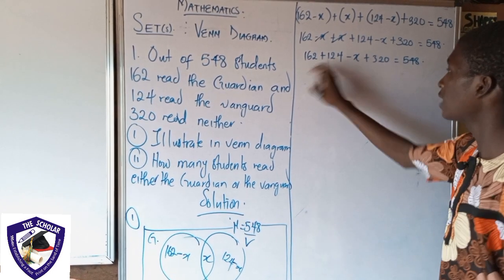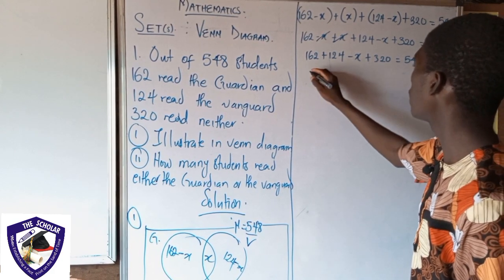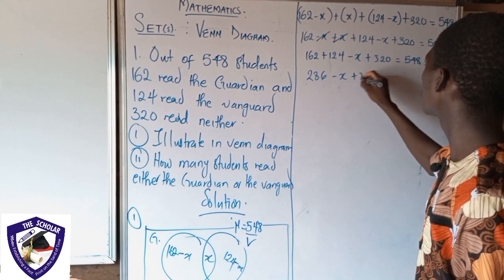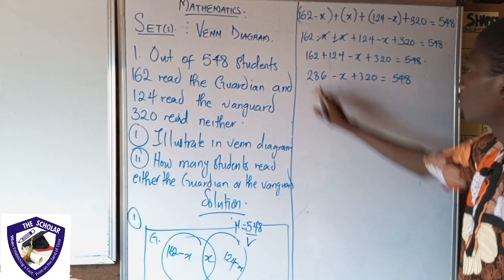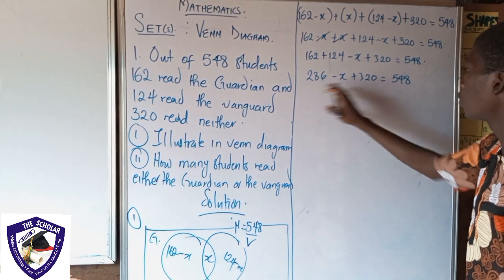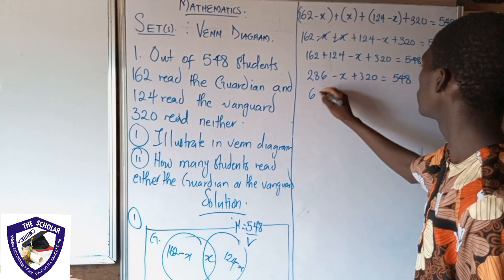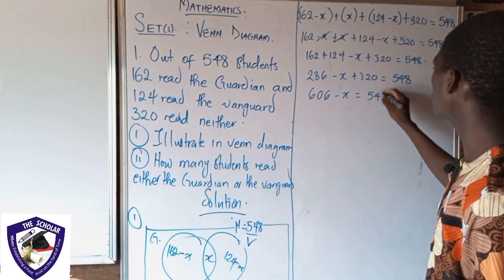Now here you can add this together. So you have 286 minus X plus 320 equals 548. So you can still add this together. When we add this together, we have 606 minus X to be 548.